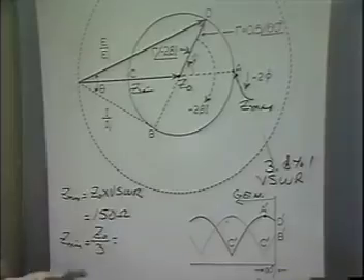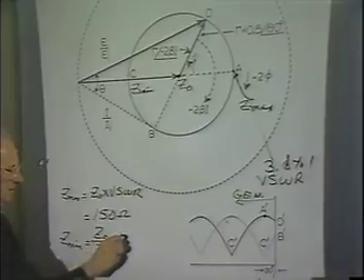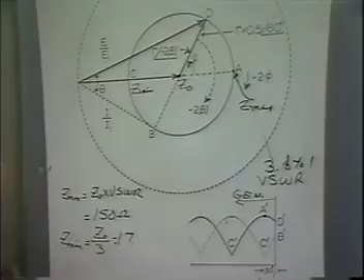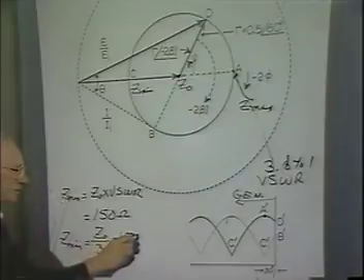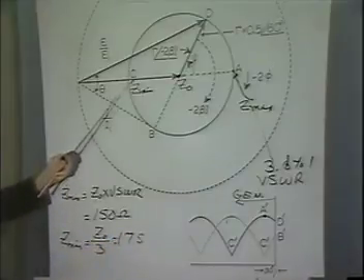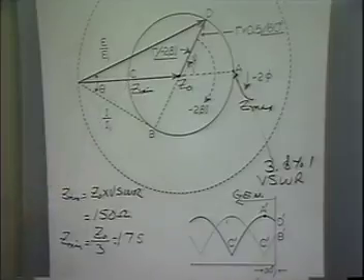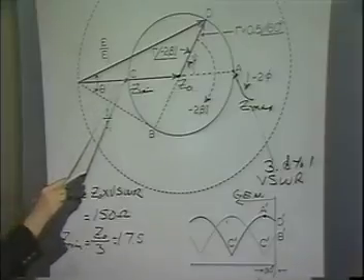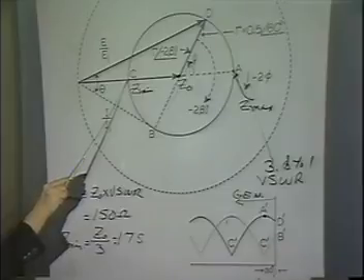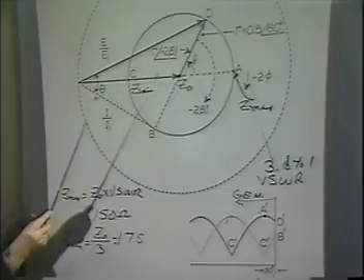So what's that going to be? 17 point something? 5 ohms or so? That's this point over here. When I said Z minimum is a pure resistance. Where? Right there. Why? There's no reactive component, just resistance.